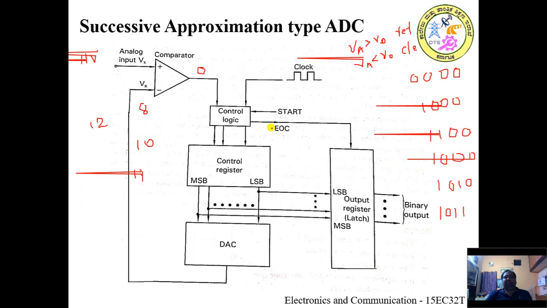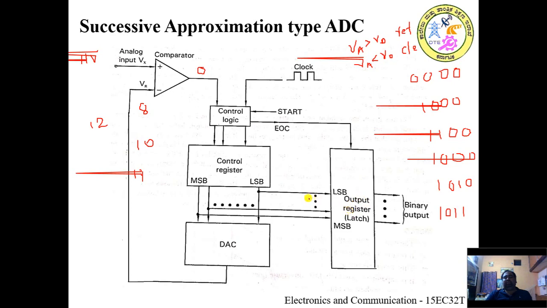Since all bits are checked, now this system assumes that the digital equivalent output is available in the control register. So the control logic will issue an EOC signal to the latch here.